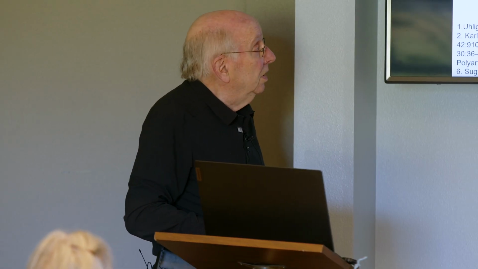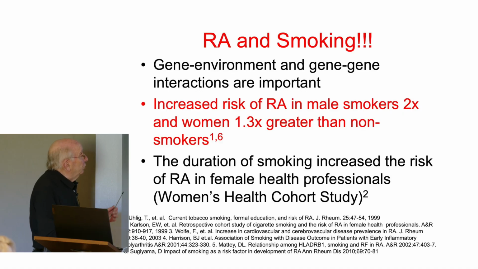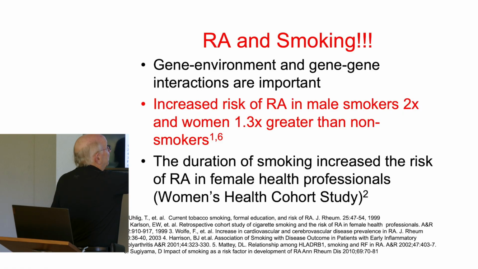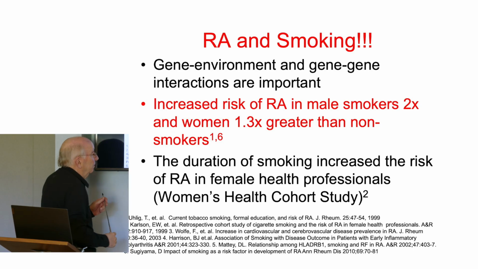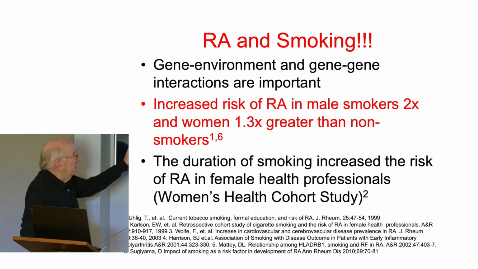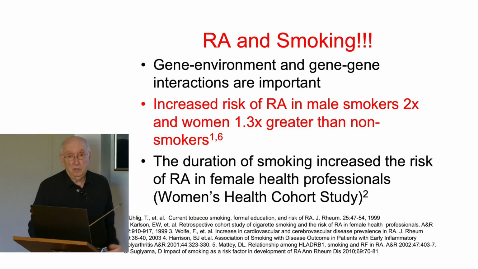So if you grow up and you happen to have certain genes, I won't get into the names of all the genes, there's a lot of letters and numbers, but if you have these genes, you have a high risk, if you smoke, of getting rheumatoid arthritis. And there's an increase of rheumatoid arthritis in male smokers over female smokers. And the duration of smoking increases the risk.